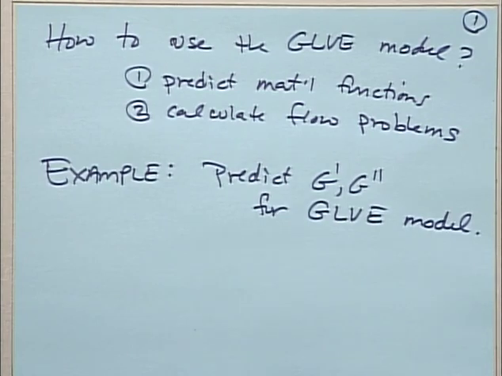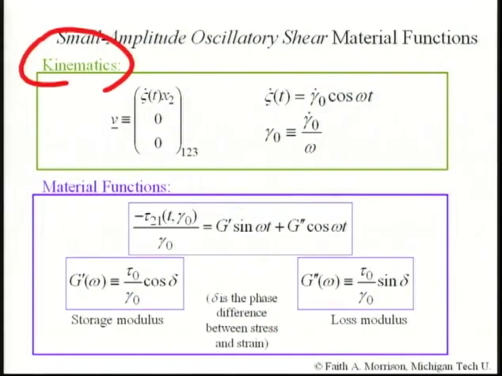Again, you've never done this kind before, but it's not that different from before. We've got this sheet which has the kinematics and the material functions on it, so we're just going to proceed. So how should I start to be able to predict the small amplitude oscillatory shear material function?